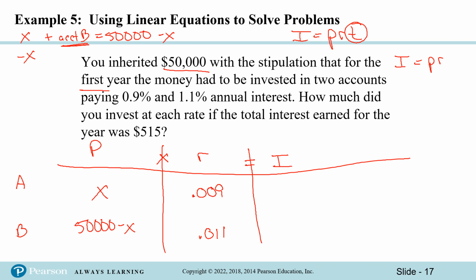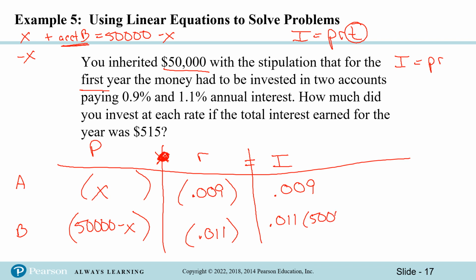So many students do X minus 50,000 and get the wrong answer. Okay, so we need to multiply. That's a multiplication. We need to multiply X times 0.009, and we need to multiply these two together times 50,000 minus X. And see, this is the amount of interest that they earn for account A, right here.